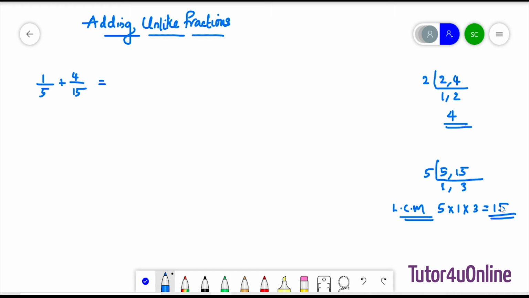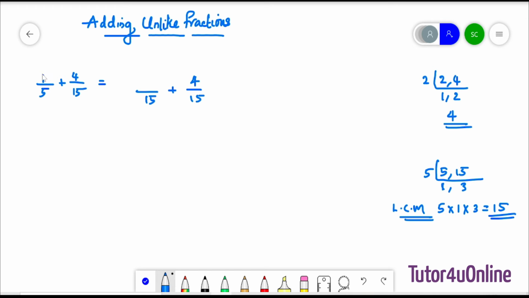The LCM is the common denominator. So make the denominator 15 plus 15. The second fraction's denominator in the question itself is 15, so you need not change the numerator. Numerator you can write 4.